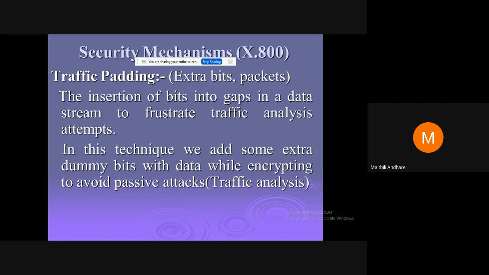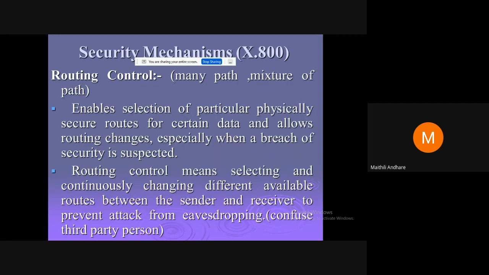So if we send the data with some extra packets or some extra bits, that opponent will get confused. So as to confuse that particular intruder or attacker, we have to add some extra bits, dummy bits we can say, in the original message. And by using this, the type of attack we are countering is a passive attack, and specifically a traffic analysis attack.